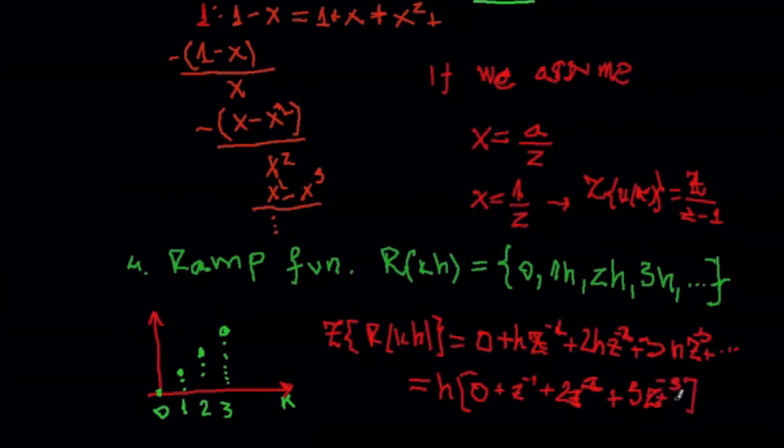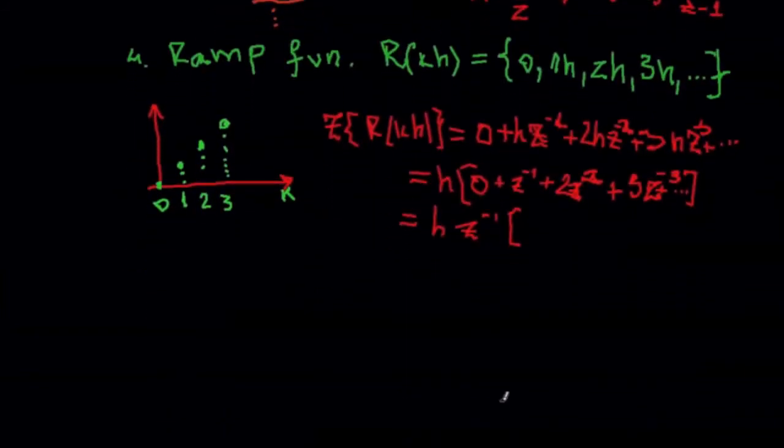And this is just all other terms. And if we even factor z^-1 out of this entire expression, we will obtain the following: that this is going to become 1 plus 2 z^-1 plus 3 z^-2 plus, and all other terms. Okay.